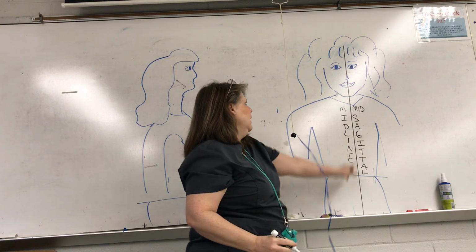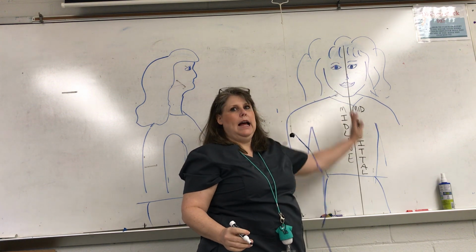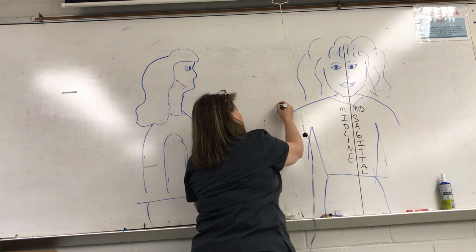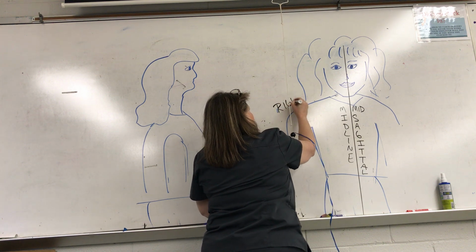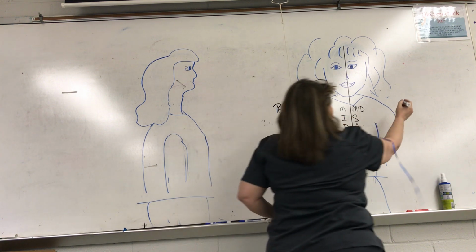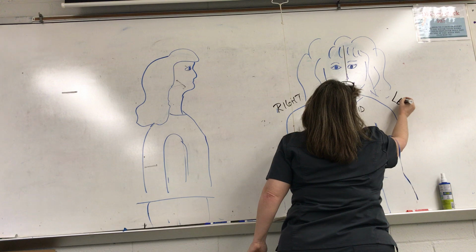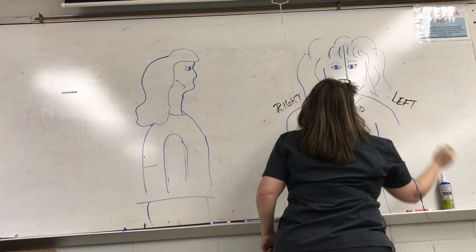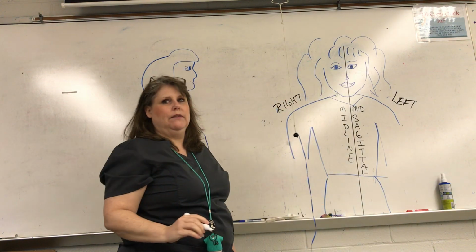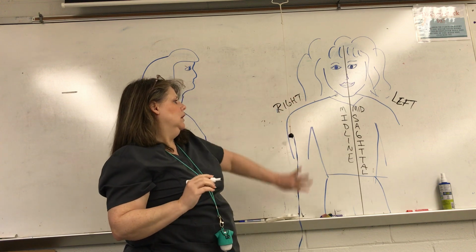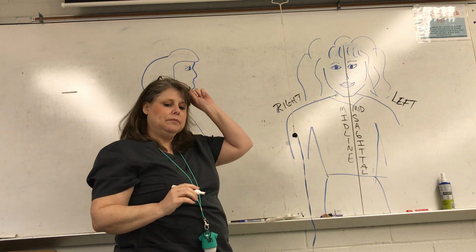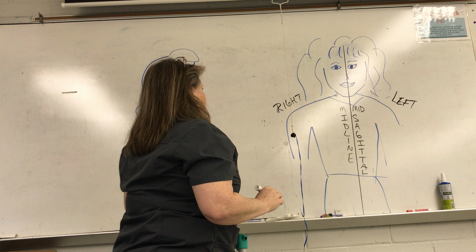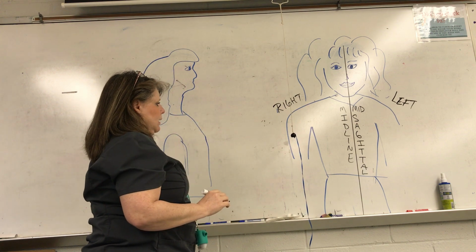So this plane right here, this dividing line, divides the right from the left. If you're watching from home, you may want to pause this video and make a little diagram there. So that is the midline or mid-sagittal.